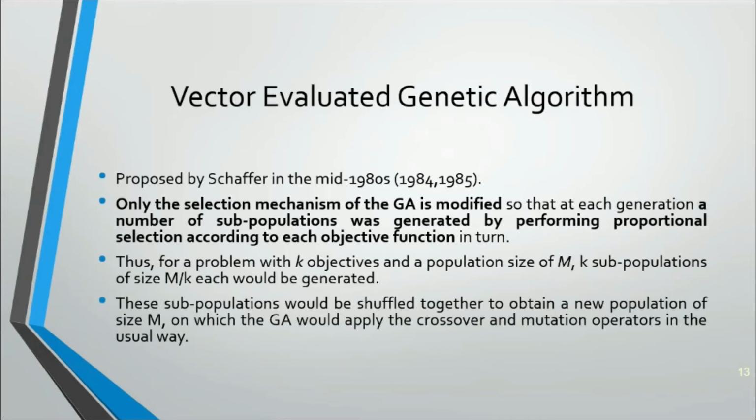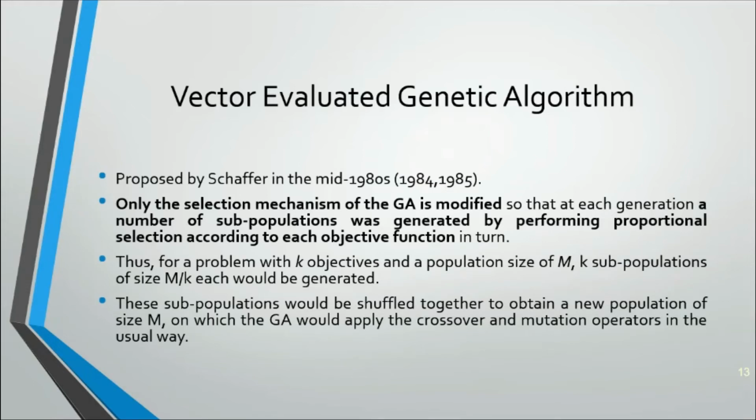During each generation, a number of subpopulations are generated by performing proportional selection according to each objective function. Suppose we have 3 objective functions, then the entire population is equally divided into 3. If 100 is the population size and there are only 3 criteria, we divide it into 3 different subpopulations: 33, 33 and 34.